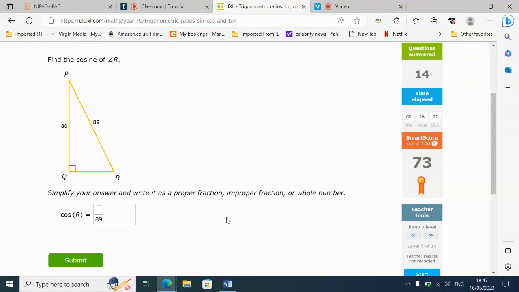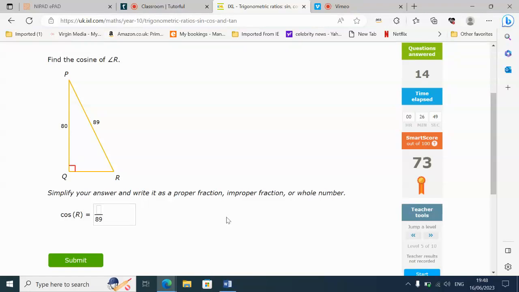89 squared is 7,921, take away 80 squared, which is 6,400.